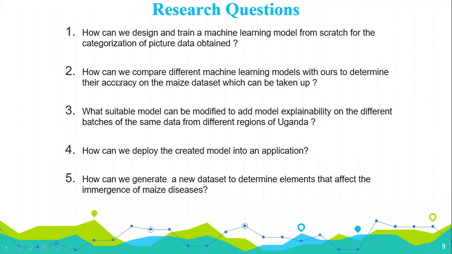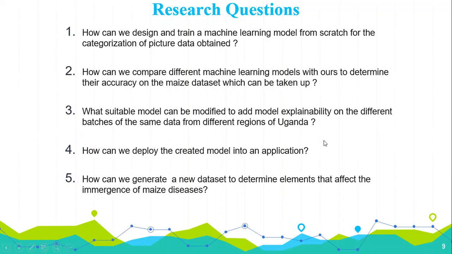We shall also see how we can compare the different pre-trained machine learning models with the model that we designed from scratch. And we shall also be able to choose a suitable model, or to recommend a suitable model, which will later be modified to include the model explainability part.